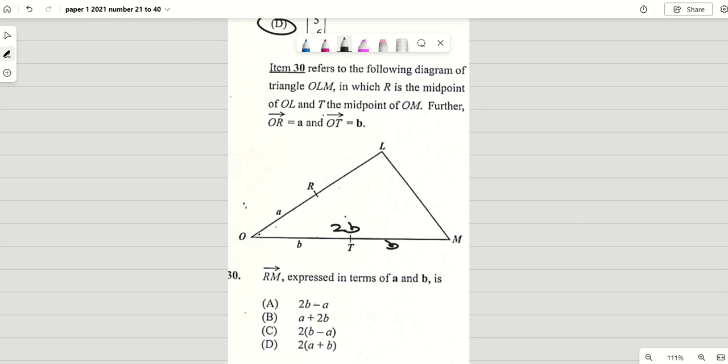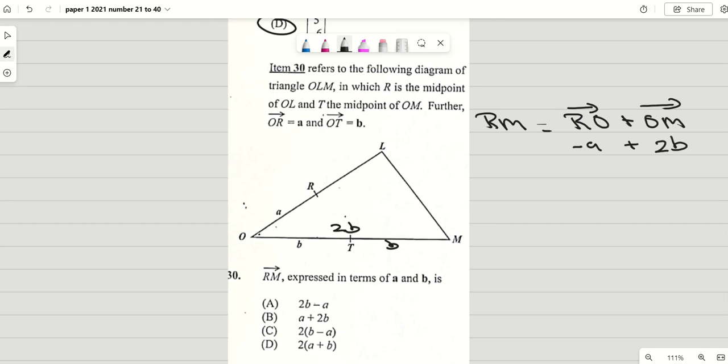So we're going from R to O and then O to M. So RM is equal to R to O plus O to M. OR is A, but if we're going in the opposite direction, it would not be A, it would be negative A. So we have negative A plus OT is B, and if T is the midpoint of OM, then from T to M would also be B. So this would be B plus B, which is 2B.